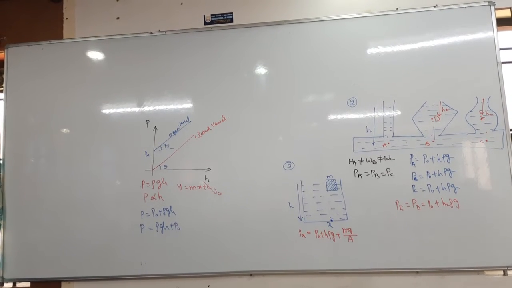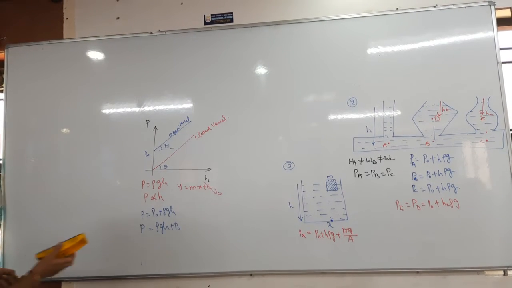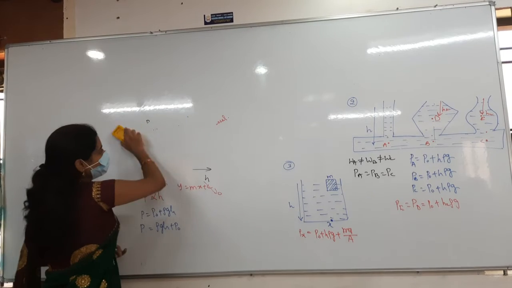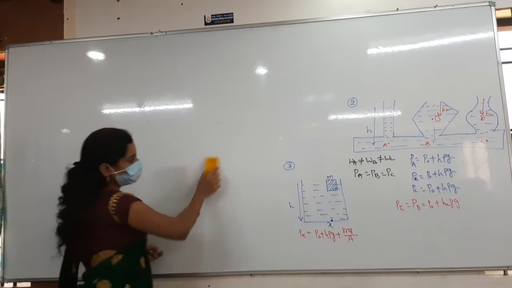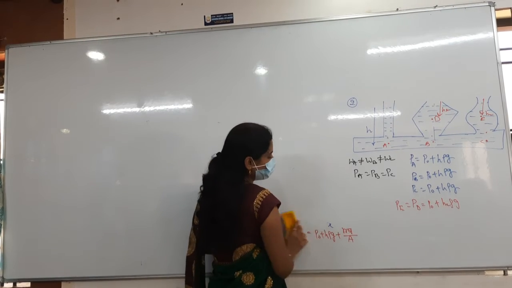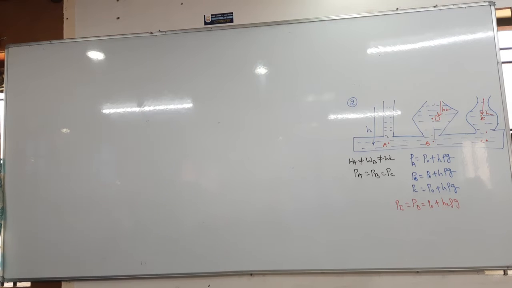Two atmosphere, 4 atmosphere. Correct? First answer exactly in Pascal is 2.013, 2.026 into 10 power 5 you will get. Second one is 4 point approximately 10 power 1.013.